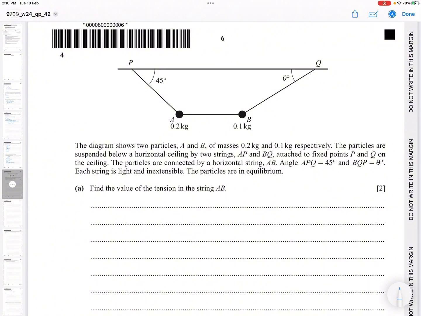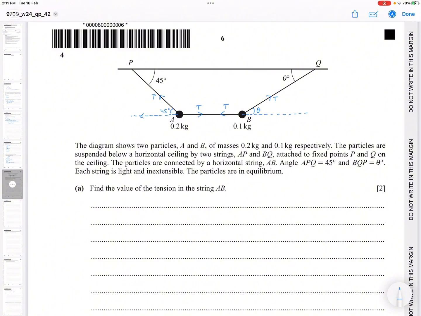So first we should make a drawing. This way our tension of particle A. This way our tension of particle B. So here is also tension of particle B, and this is tension of particle A. If I extend the line parallel to PQ, my theta comes here, and if I extend the line here parallel to PQ, my 45 degree comes here due to alternate angles.